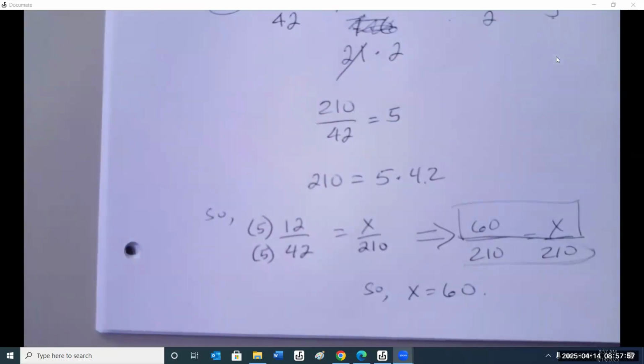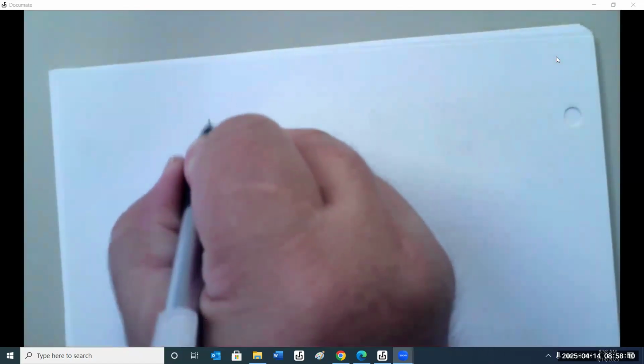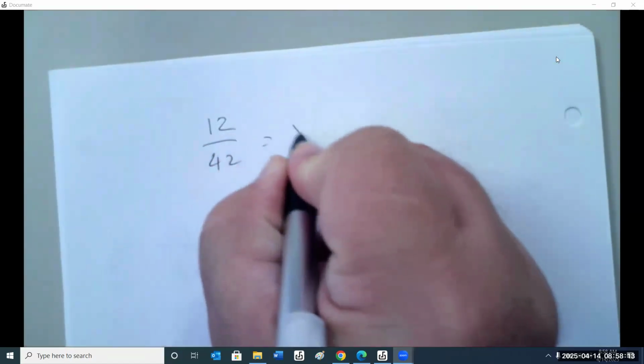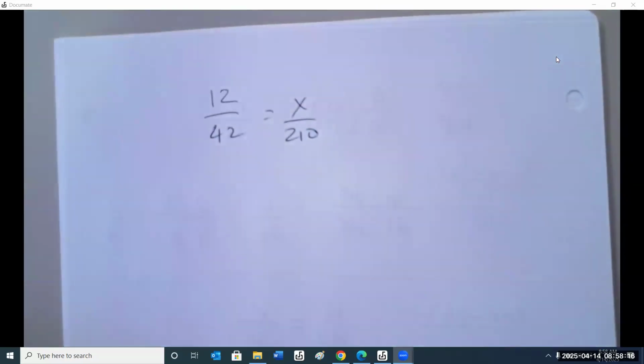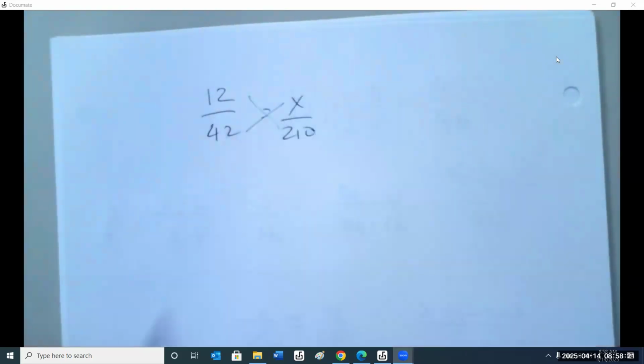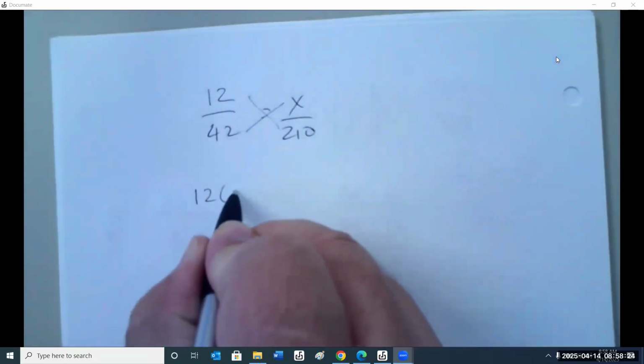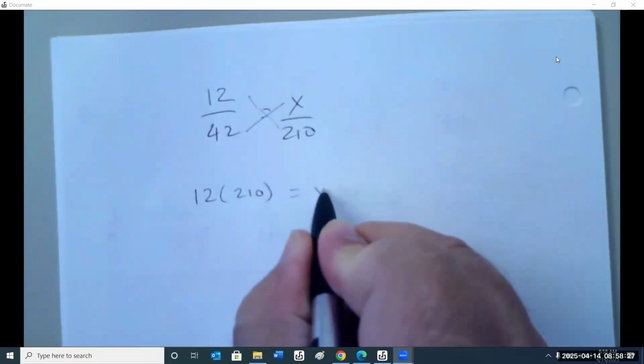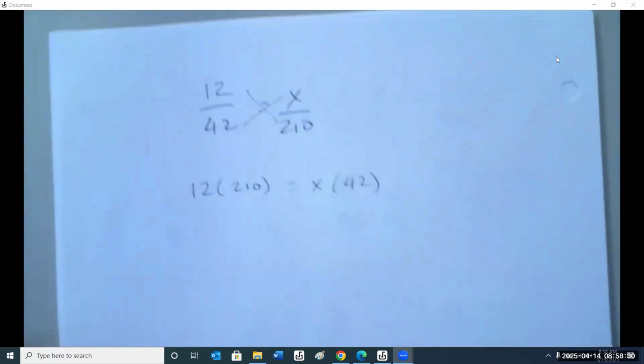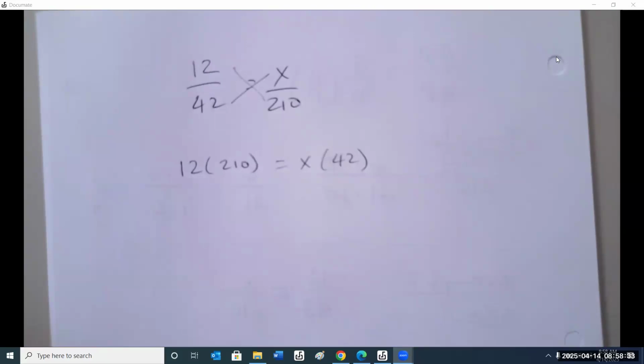Another way was what you were saying, the cross multiplication method. But let's look at what happens here. We had 12 over 42 equals x over 210. With cross multiplication, we have 12 times 210 equals x times 42. Then what do we have to do?